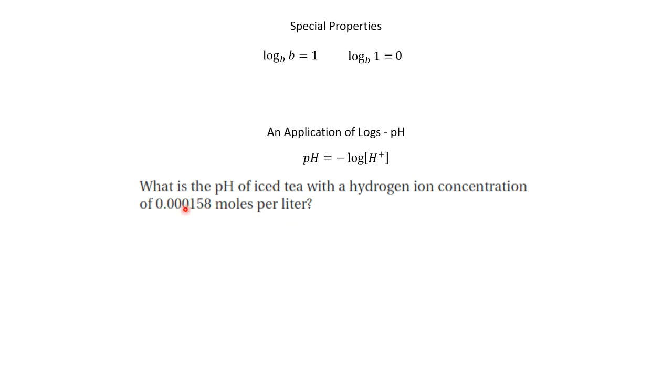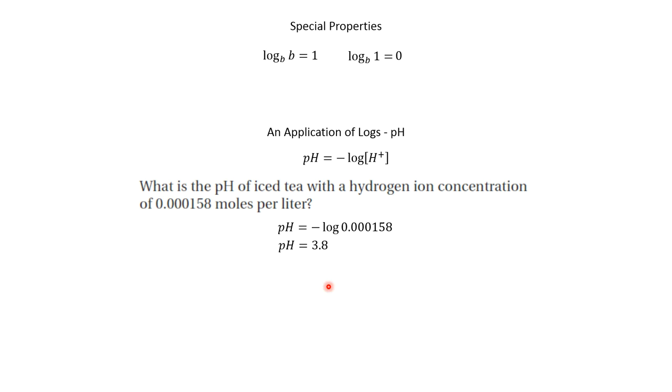Here's that number. We're just going to take the log of this in our calculator, to get negative 3.8 something. Well, this negative makes this positive, and the pH equals 3.8. There's really nothing more to that.